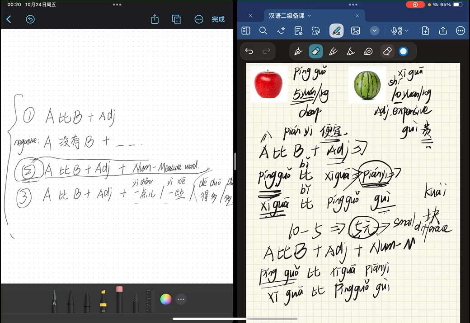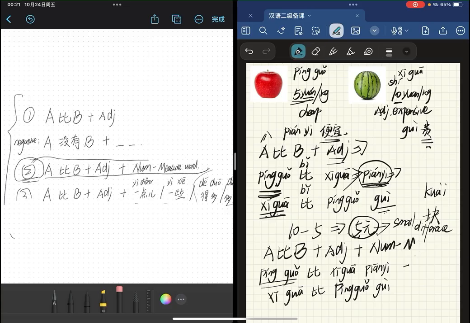Okay, and now I think the 5块 is a very small difference. So for the second structure, I can choose a degree word for the small difference. For the small difference, we have two choices, 一点 and 一些. So now I choose 一点.